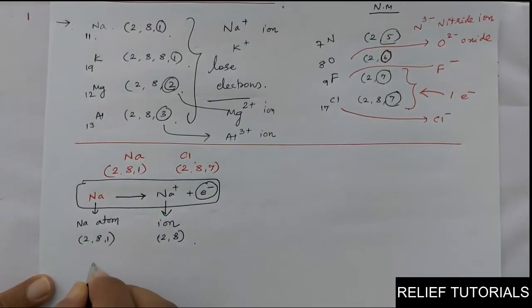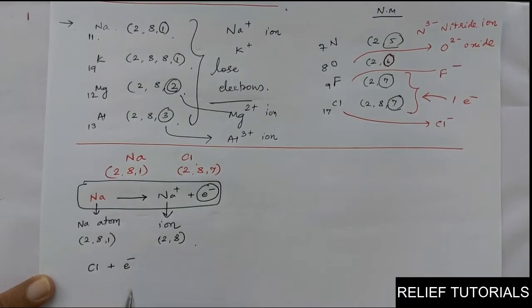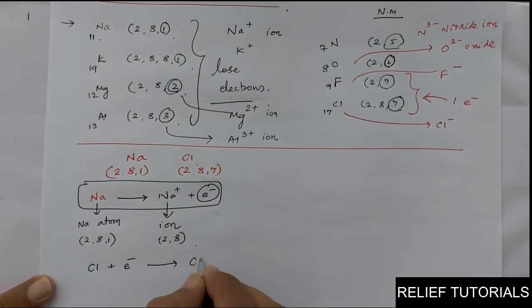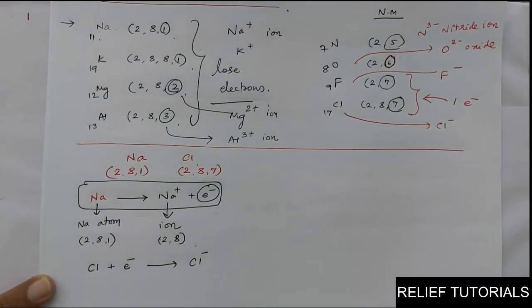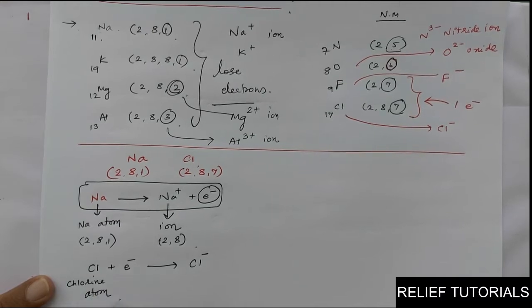So let us write the equation for that. Chlorine is gaining one electron. Losing an electron is represented on the right hand side, but the gaining of an electron is obviously represented here on the left hand side. So by gaining one electron, chlorine becomes a negative ion. What was this? This was chlorine atom.